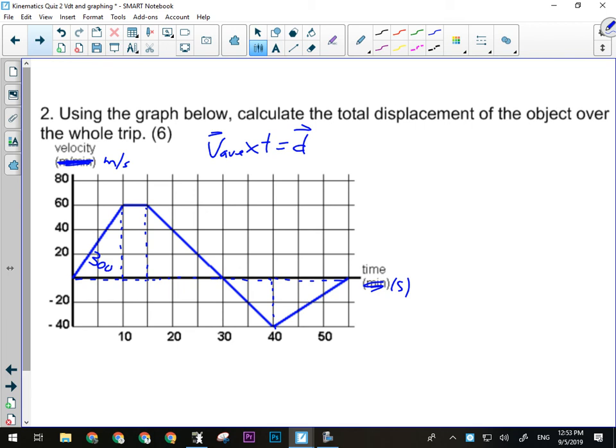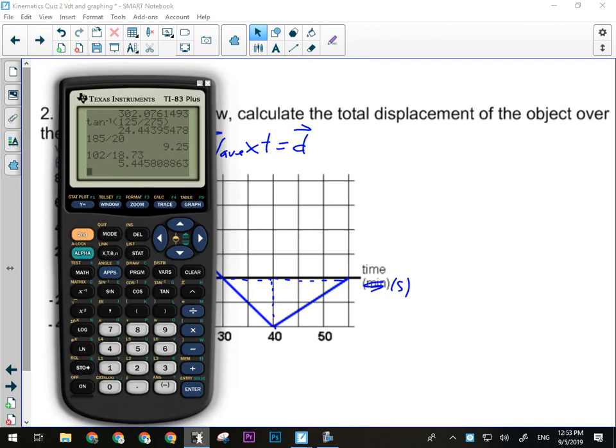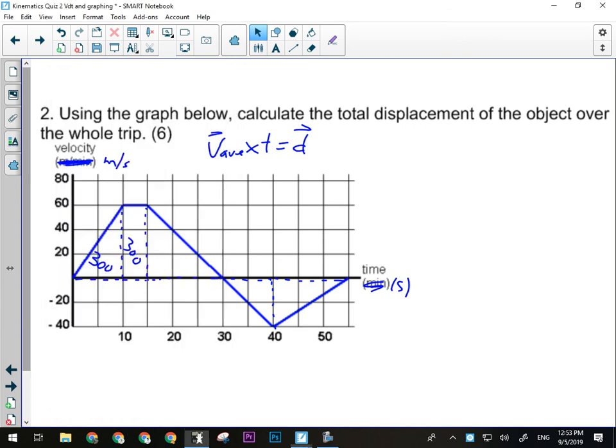This rectangle here is 60 high by 5 long, 300. This one is 60 high, but it's 15 long. That one I'm not going to do in my head. So 30 times 15, because it's a triangle, is 450. So 1 mark for each of these numbers here, guys.